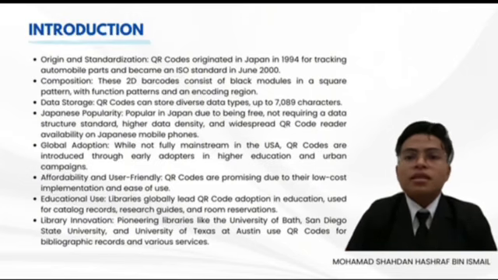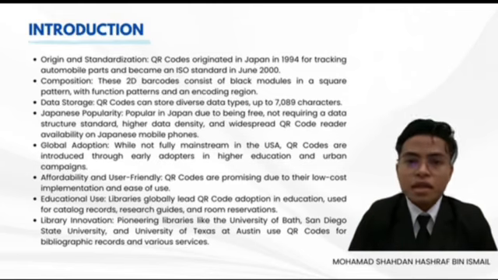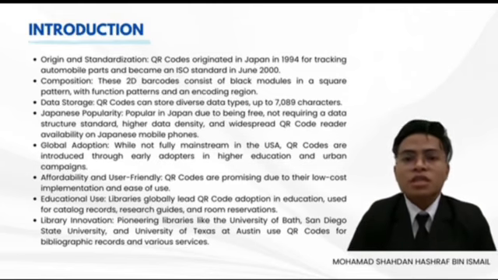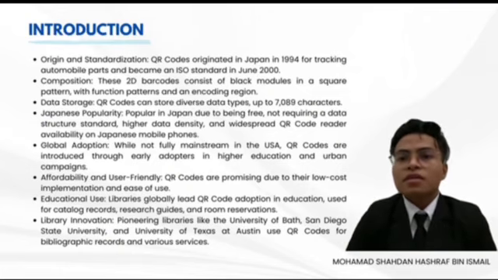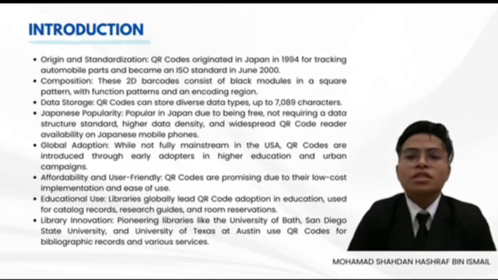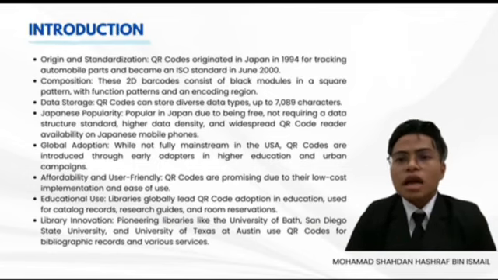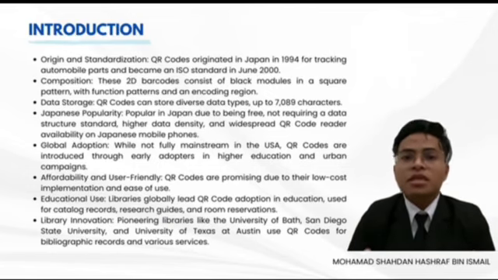QR codes can store diverse data types, such as alphanumeric characters, kanji, symbols, and binary codes, with a capacity of up to 2089 characters.